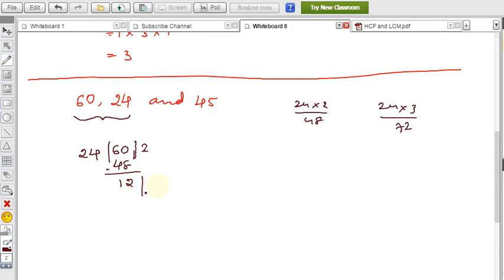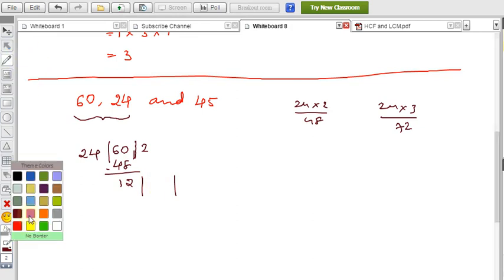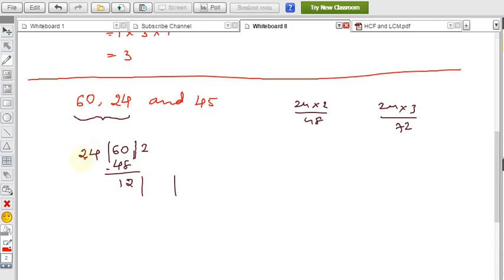Now again you keep a box like this. Whatever this 24 is, you should write in this place. So the divisor becomes the dividend again. Then the 12 table: 12 2s are 24.